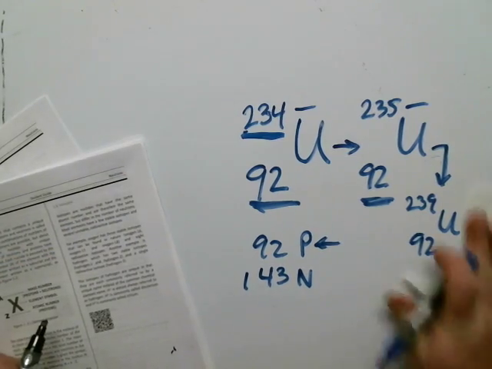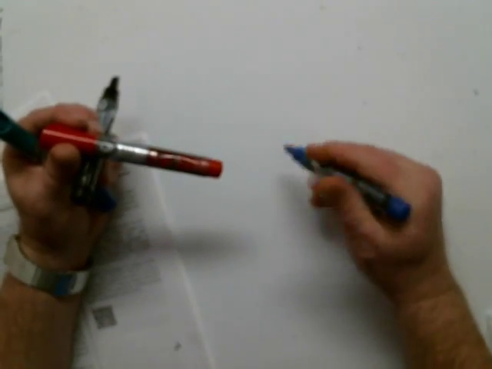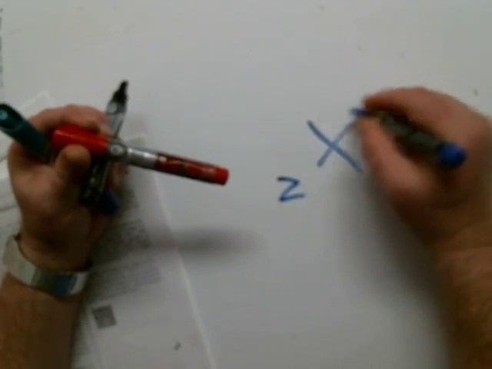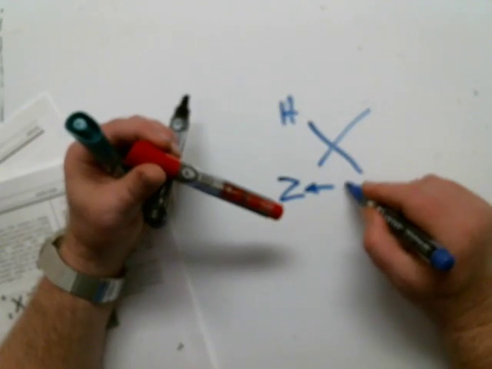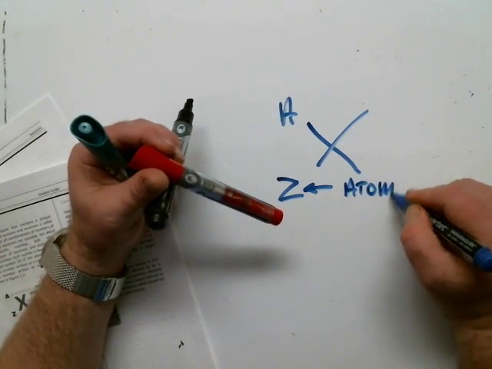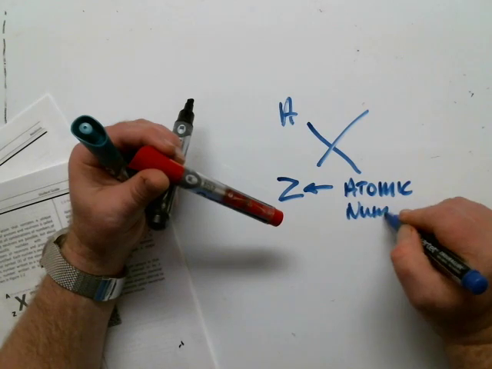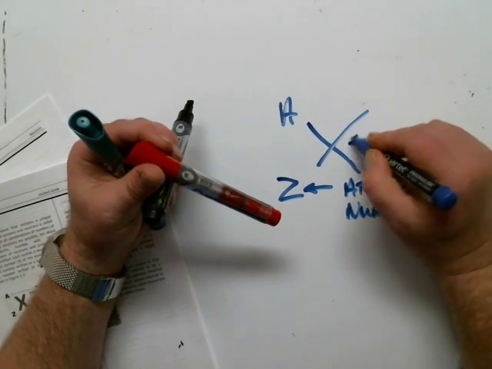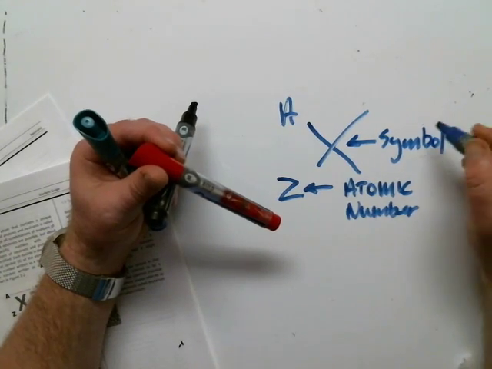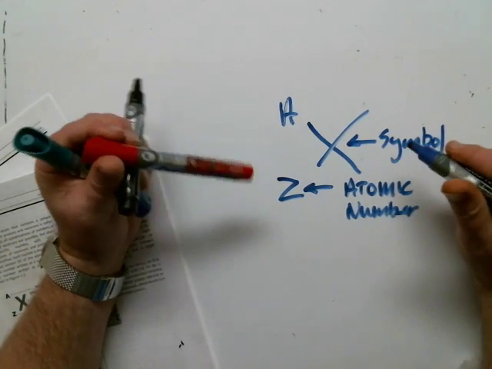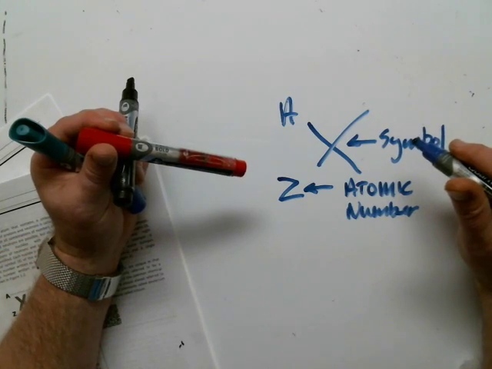When we were doing ZXA notation just a second ago, this number of protons here is called the atomic number. This is the symbol, and it's usually a letter or two, sometimes three when we start talking about the really, really heavy elements.